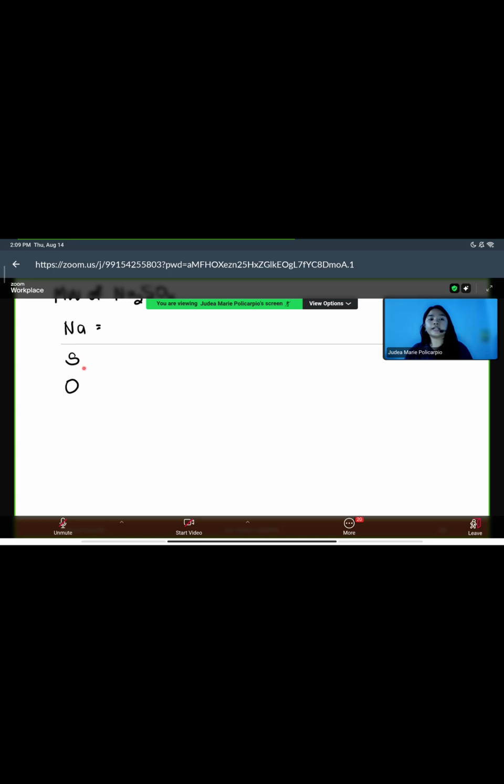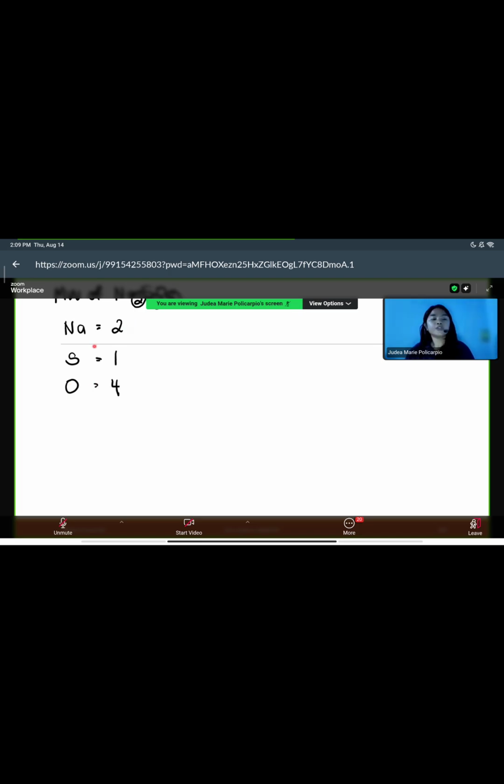Again, ingat sa pagbibilang ng number ng atoms. Ilang pirasong sodium meron si sodium sulfate? Meron siyang 2 pirasong sodium. Meron siyang 1 pirasong sulfur. Walang subscript yung sulfur natin, so kapag walang subscript, that's automatically equivalent to 1. And then yung oxygen natin ay 4 pieces.